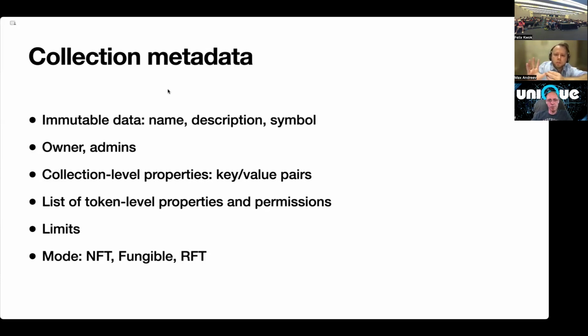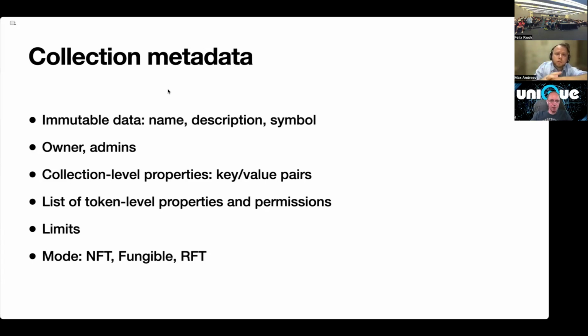Also, there are various constraints and limits. For example, who can nest in this collection, who can burn tokens, who can transfer ownership, and so on. And yeah, basically that's it.